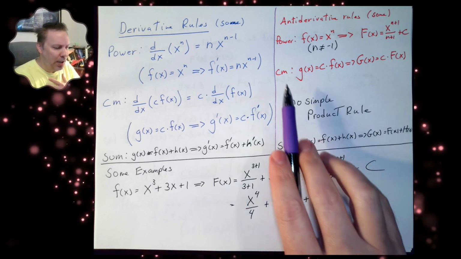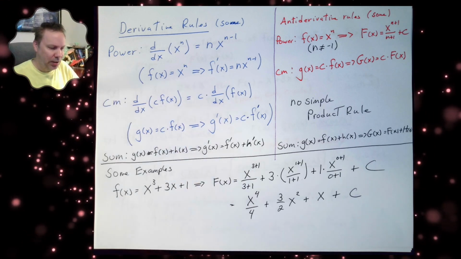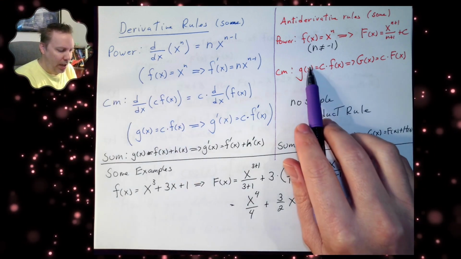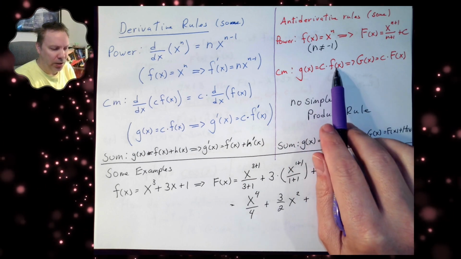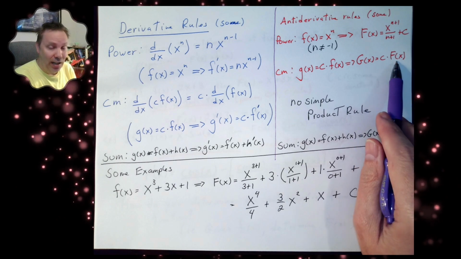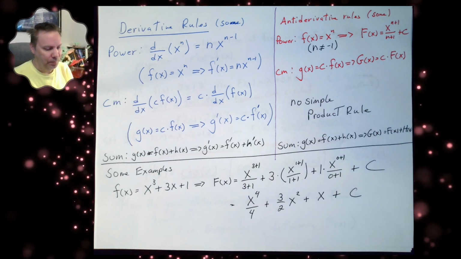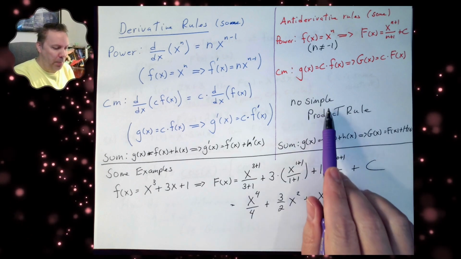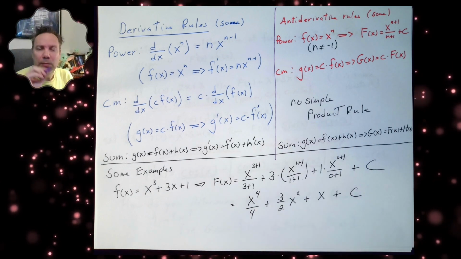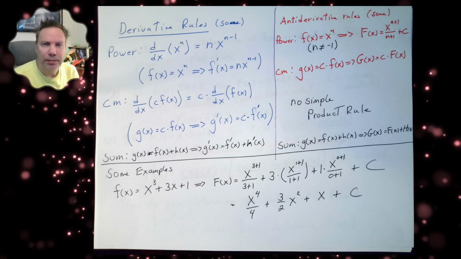The constant multiplier rule is as easy as it is for the derivative rules. In other words, if I have a constant times a function, the antiderivative is that constant times the antiderivative of the function that we were looking at. Now, I put this in here just as a reminder because I said it before: there is no simple product rule.